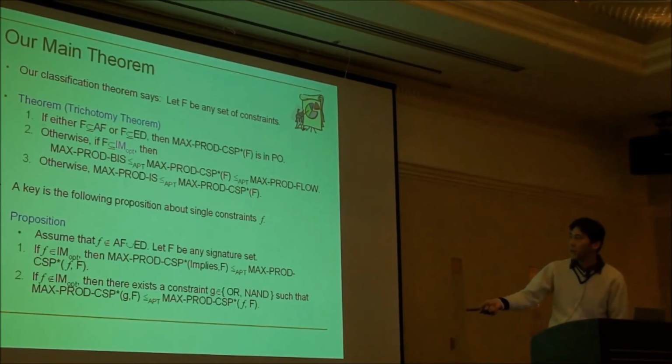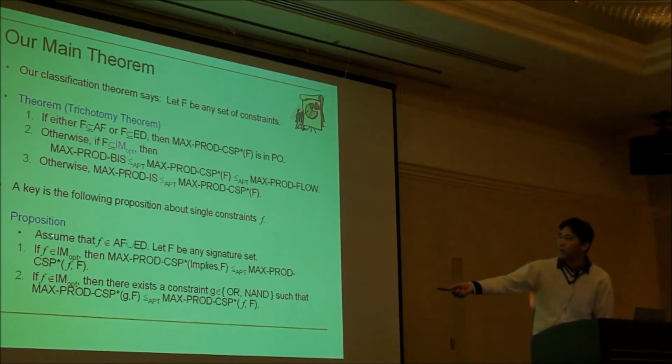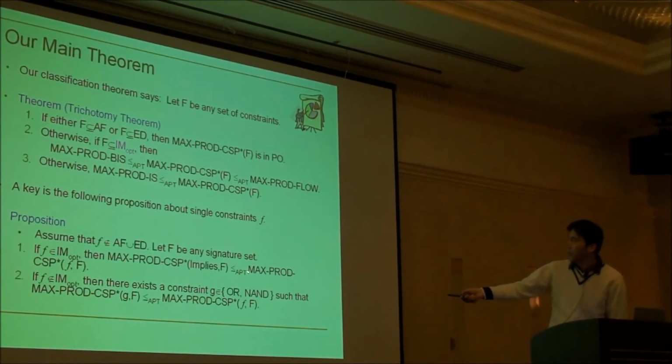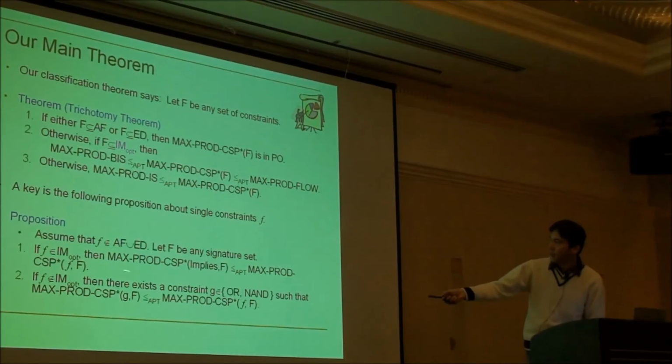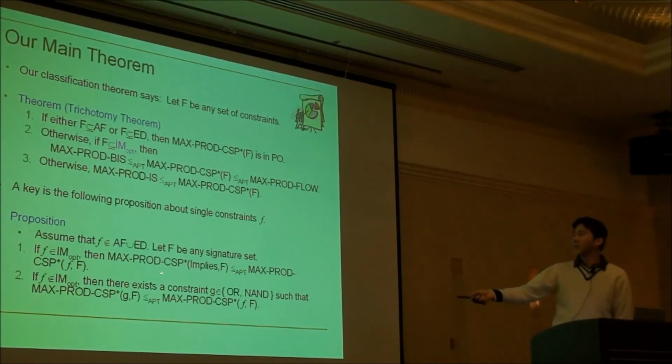One of the propositions says that if F is one particular constraint that belongs to IM opt, then max-prod CSP of F is at least as hard as the max-prod CSP of implies.